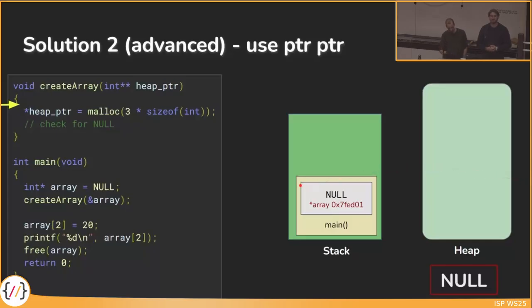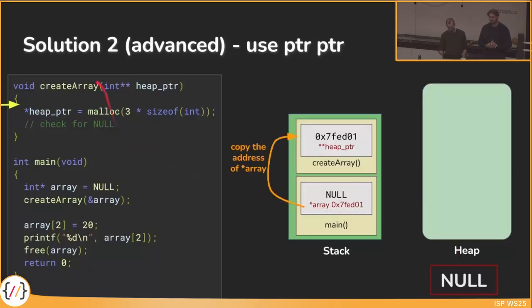And what we need to do here is we do not hand over array, so the value of array which is null, but we hand over the address of array here. So the address of array is here, my stack address, let's say 0x7FED01. So when I create here then my create array function, I get a pointer.